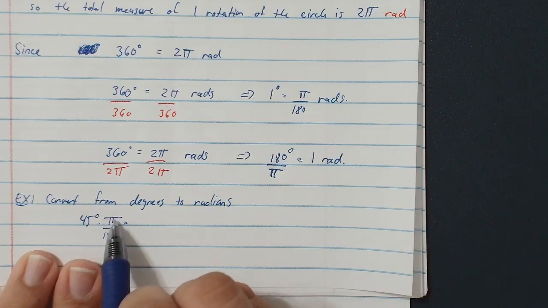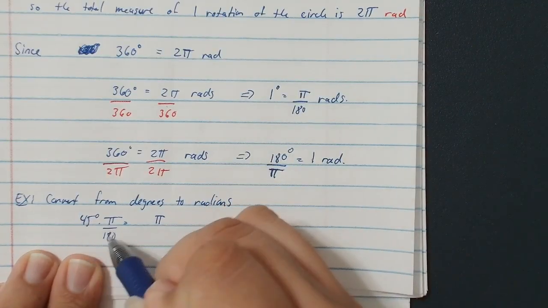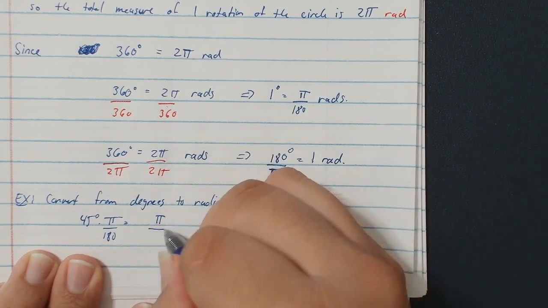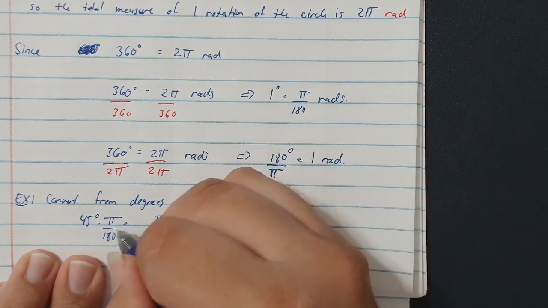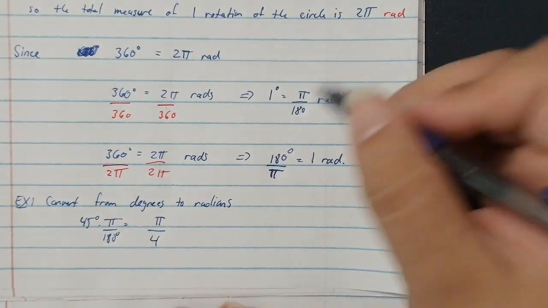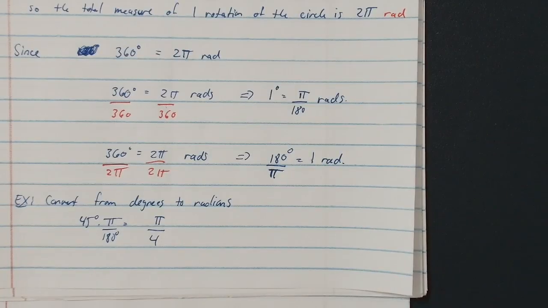And then the pi stays right where it is. So I end up with pi on top. 45 over 180, that's 1 over 4. And that gives me pi over 4 radians. Well, that's a degree sign there. Yeah, like that. So 1 degree is equal to pi over 180 radians. So then 45 degrees is just that amount times 45, which gives me pi over 4.